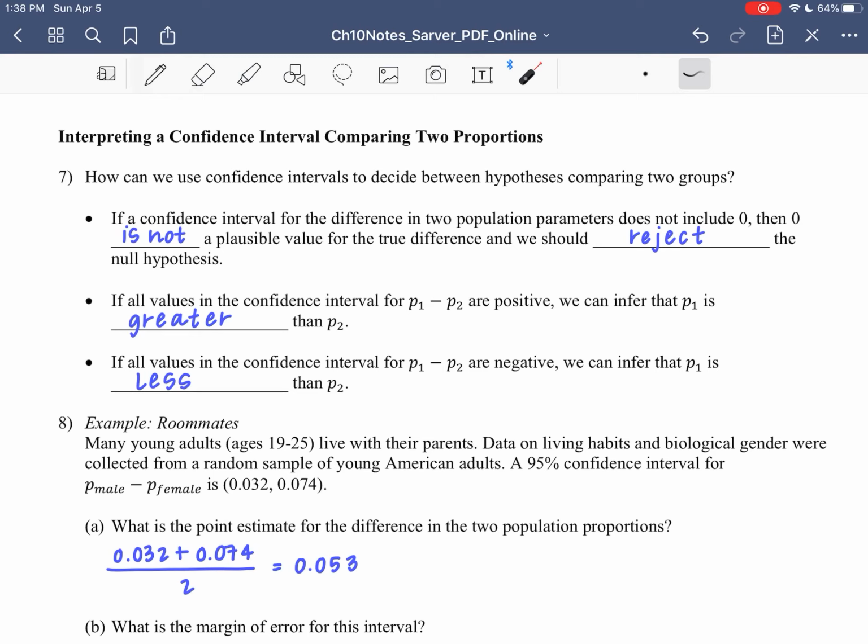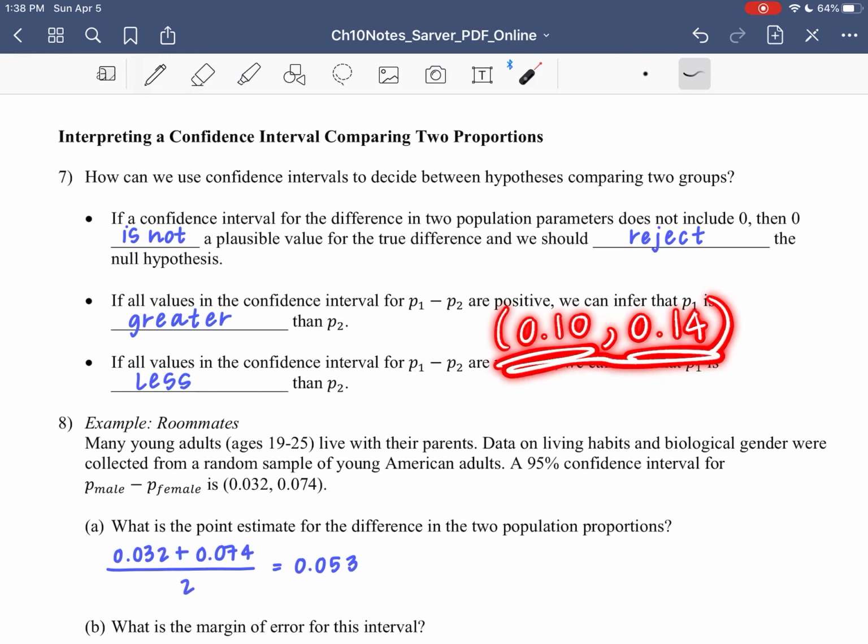I talked about this a little bit earlier, but just as a reminder, if all of the values in the confidence interval are positive and we have built a confidence interval for this difference, then we can infer that P1 is greater than P2. So if all of my values are positive, meaning my confidence interval was like, I don't know, 0.1 to 0.14.